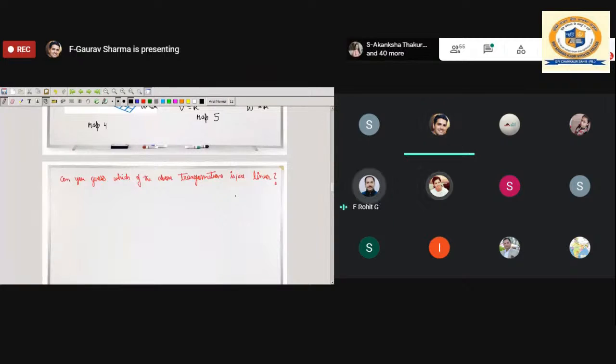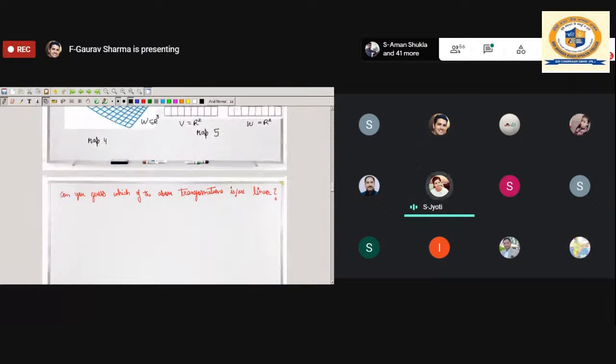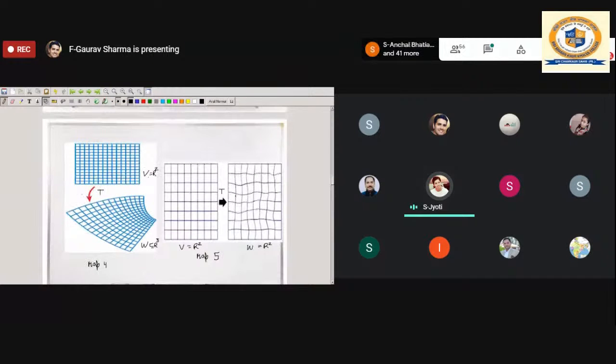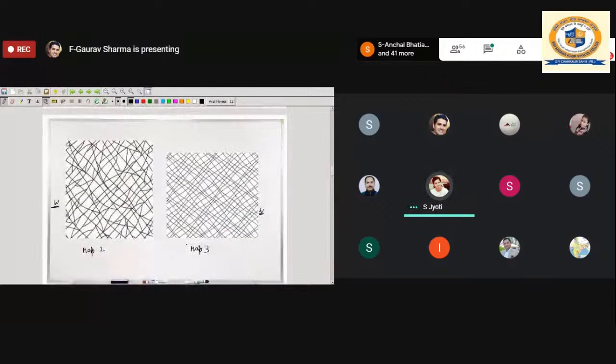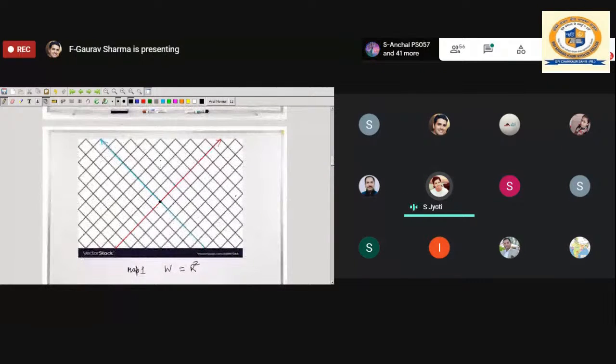Actually, I have one more comment here. In map 1 the origin is preserved, which means the origin stays as it is. But in other figures, the origin will change, like you change the inclination. Here the origin is just here.